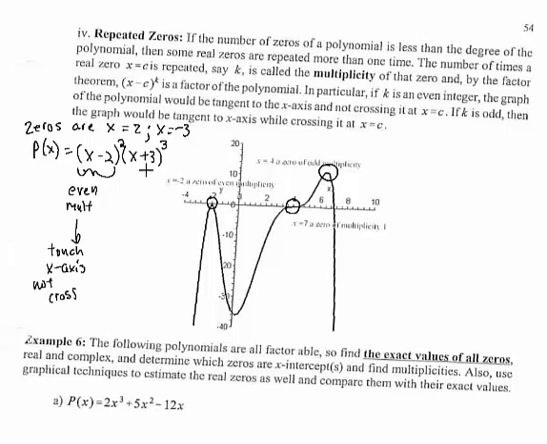At x equals -3, that factor has odd multiplicity. So it would become tangent to the x-axis and then cross. Tangent and cross.